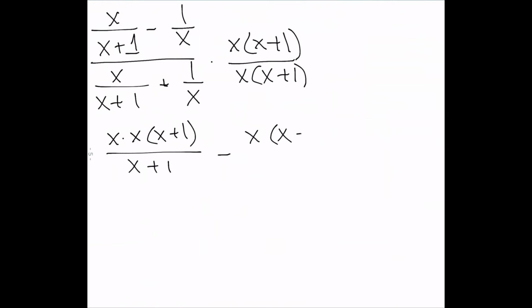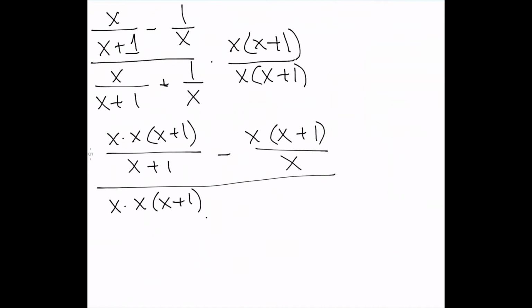When I multiply, this will end up being x times x plus 1 over x, minus x plus 1 over x plus 1, all divided by x times x plus 1 over x plus 1 plus x plus 1 over x. We can now cancel appropriately.